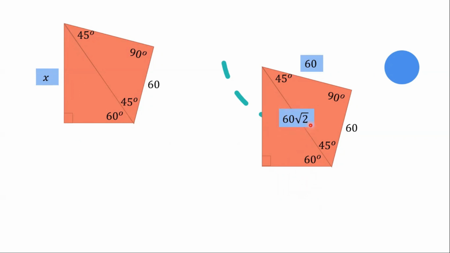Since this is the hypotenuse, we divide it by 2 to get the length of the side opposite the 30-degree angle. So we get 30 square root of 2. To get this side, we multiply it by square root of 3. We get 30 square root of 6.